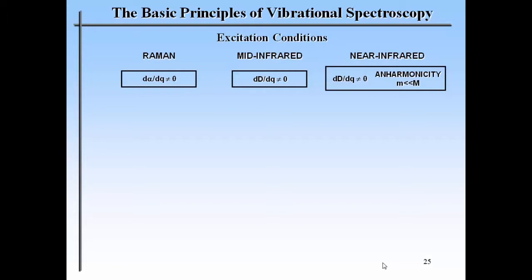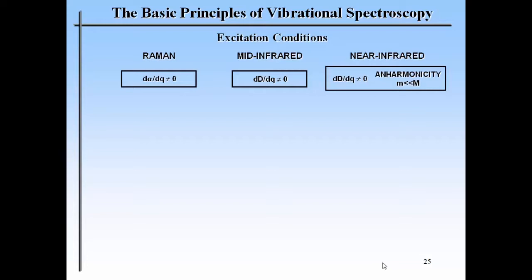In Raman spectroscopy, you have to have a change in polarizability during the vibration. Polarizability basically characterizes how easy it is to deform an electron cloud. Just think of a carbon-carbon double bond.